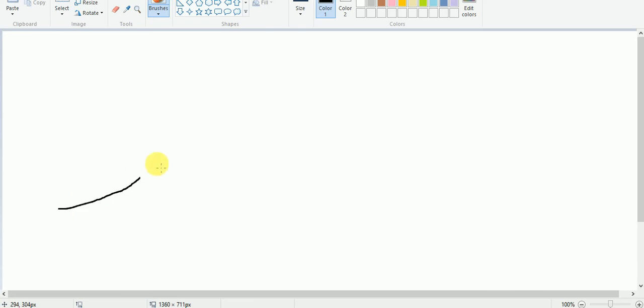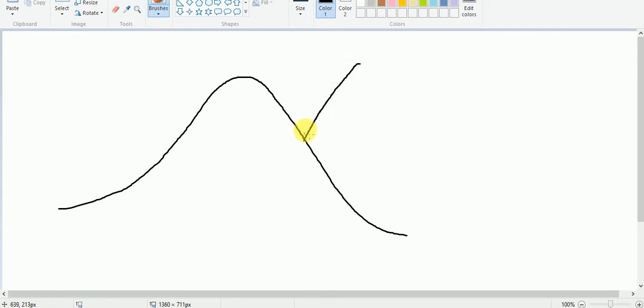See here, if this is a mountain range running east-west, located in the northern hemisphere, then let us say this is the southern side of the mountain, and this is the northern side.